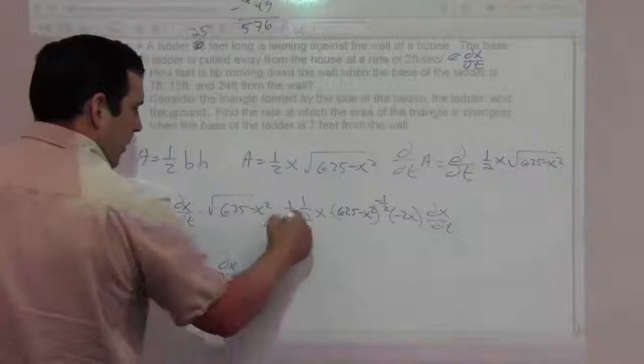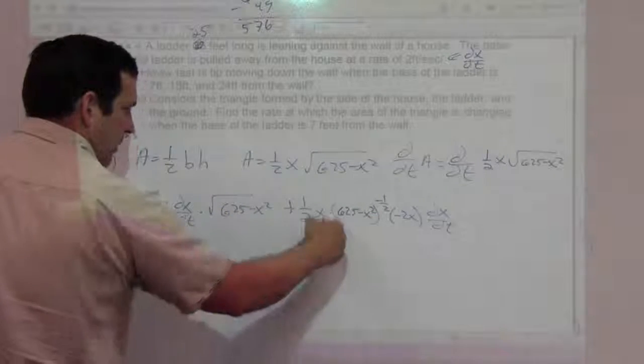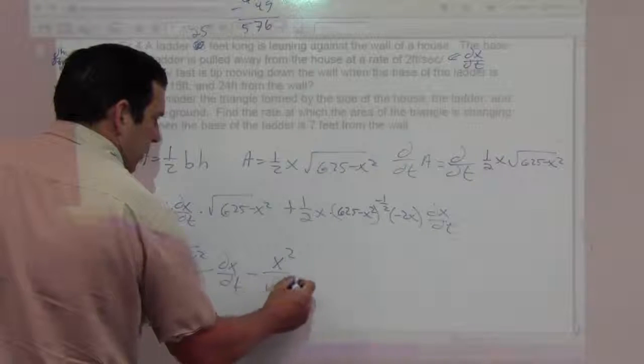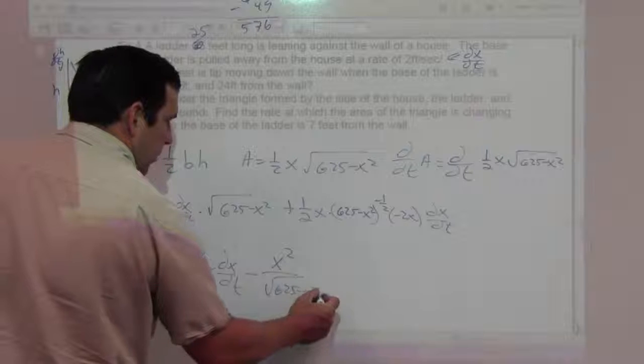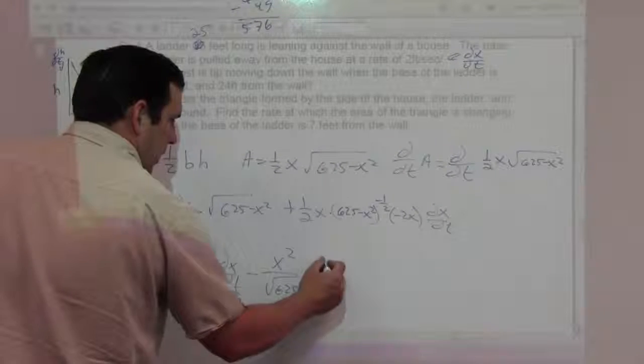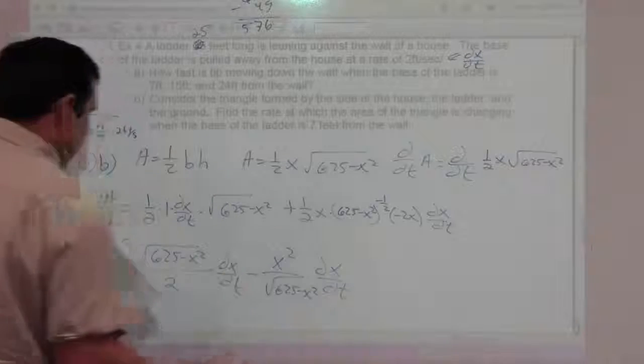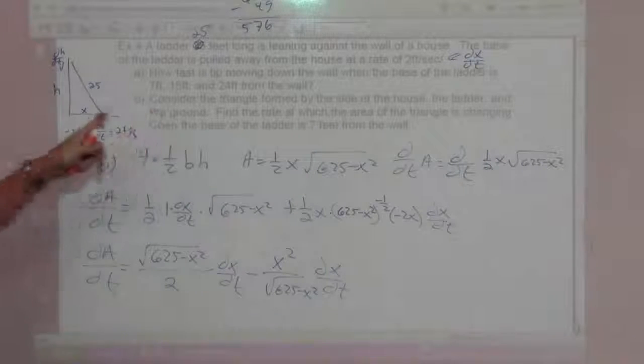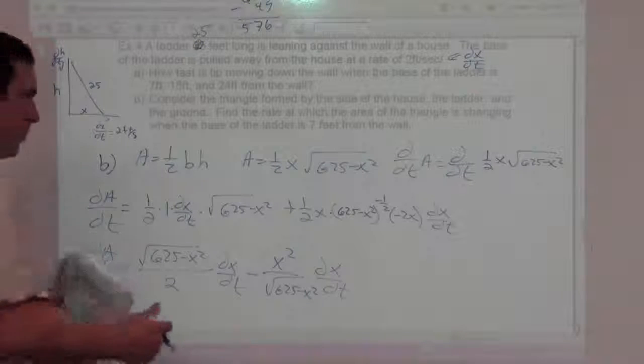minus 1/2, and the negative 2 cancels, so that's gone. We have x squared over the square root of 625 minus x squared dx dt. So the last part of this, we're going to plug in 7 for x. We still have our 2 for dx dt.